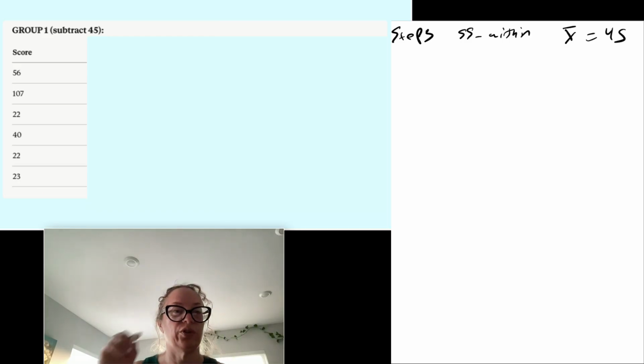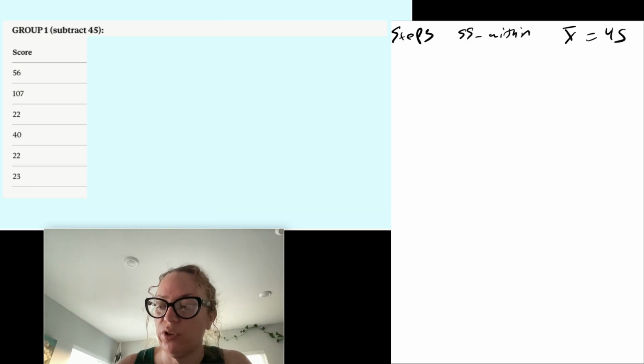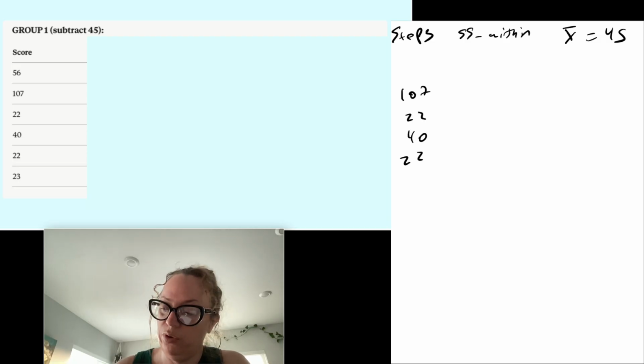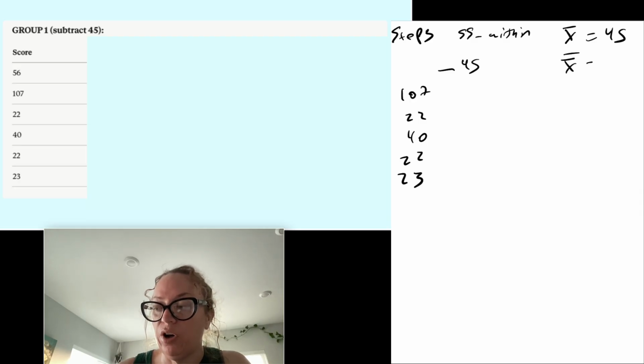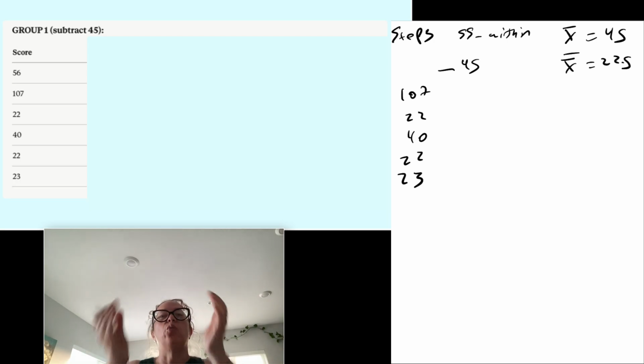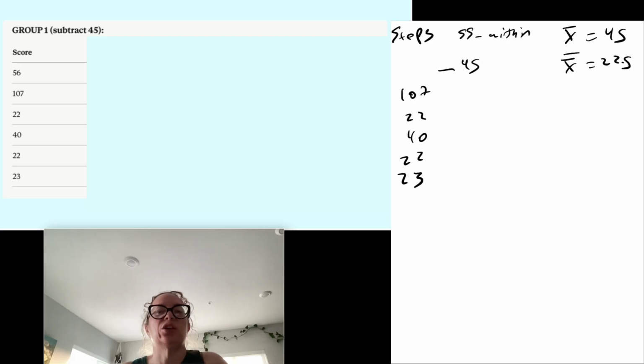Okay, I'll just do that work for you. Then we're going to take the scores, 107, 22, 40, 22, 23, and then we're minusing the group mean, the 45. So not the X bar bar, which was 22 and a half. When we're doing within, we're just focusing within one group. So we're just looking at that group mean. How much variance is there within the group, okay?